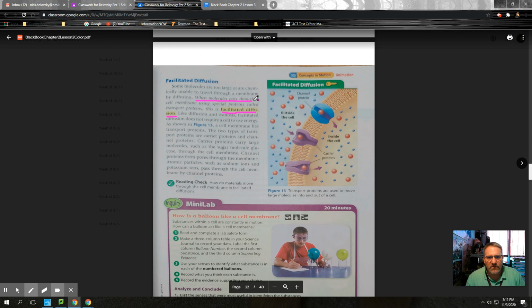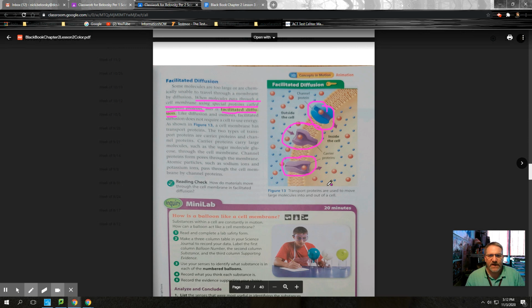So let me underline that, and let me underline that. And transport proteins. These right here are the types of proteins that we're talking about. These are in the cell membrane that you see right here.